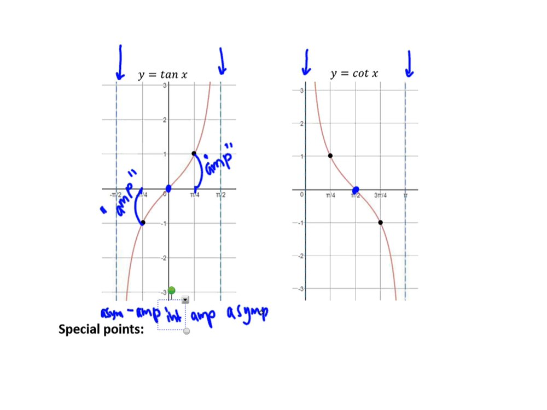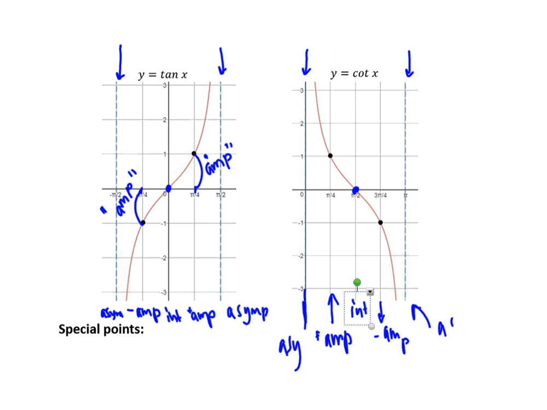Exact same pattern for cotangent, asymptote, special point. This one is at the positive amplitude this time. So asymptote, amplitude in the positive direction, intercept, negative amplitude, meaning we're going down, and then your asymptote again.